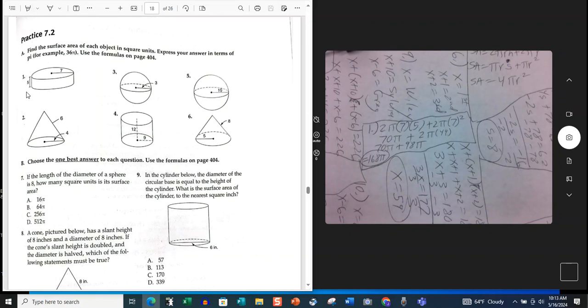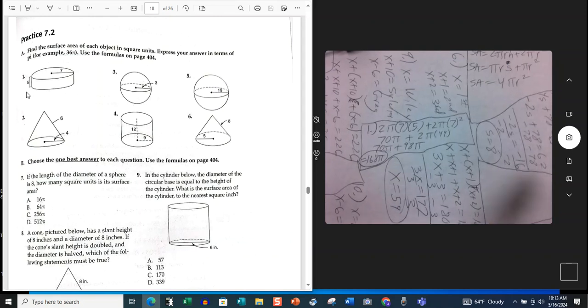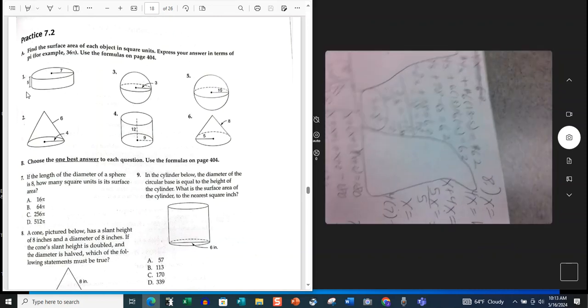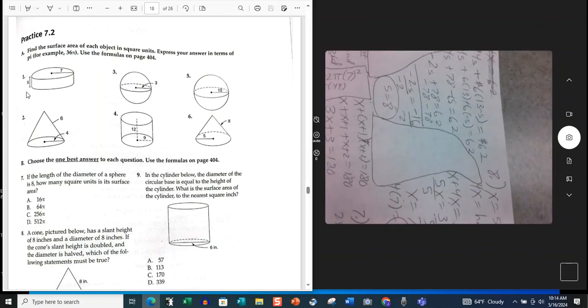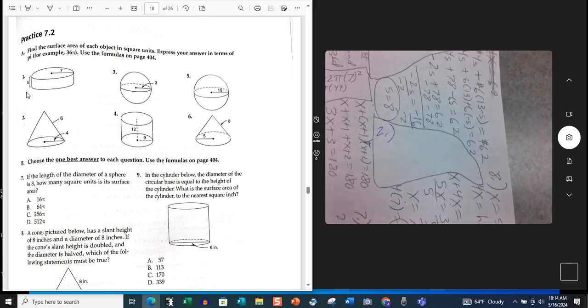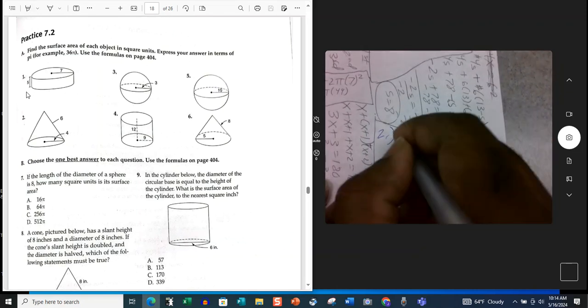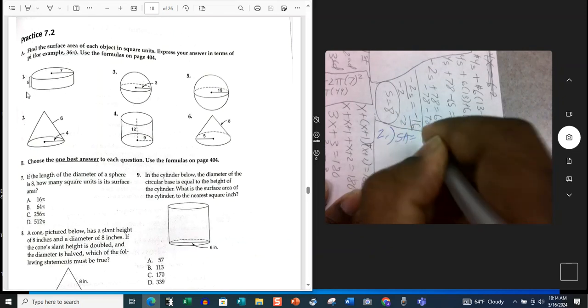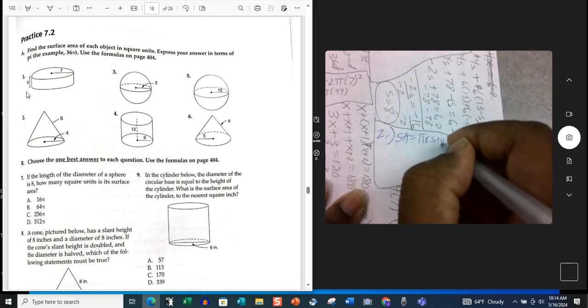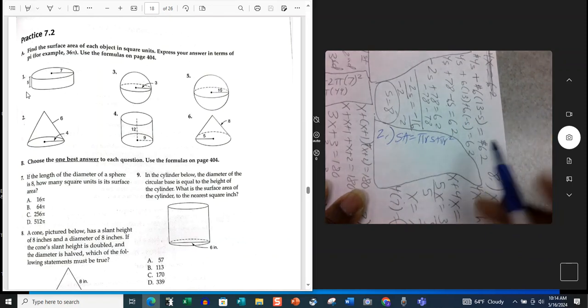Okay, now, the next thing, we will go to problem number 2. Now remember, problem number 2 is the cone. So we will use the second surface area formula. So now, this is problem number 2. Now, the second surface area formula is surface area is equal to pi radius times the side plus pi radius squared.